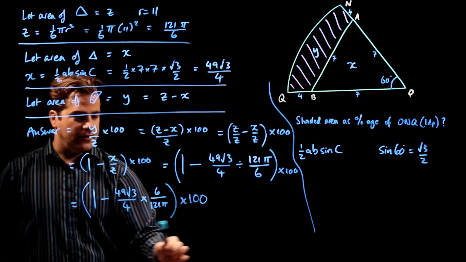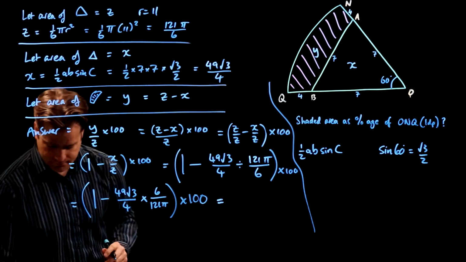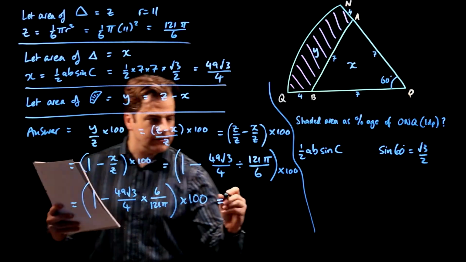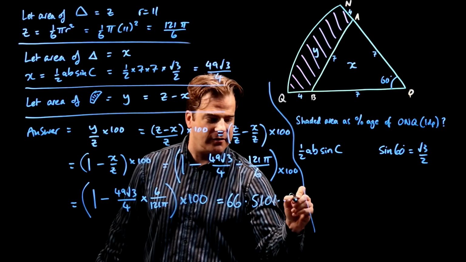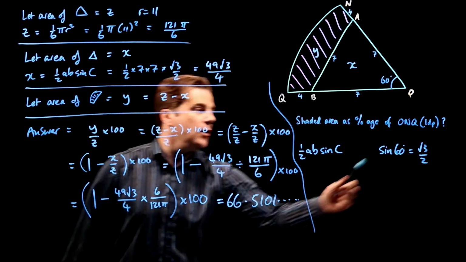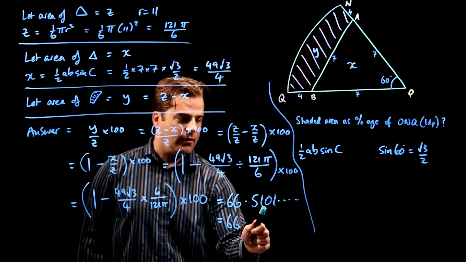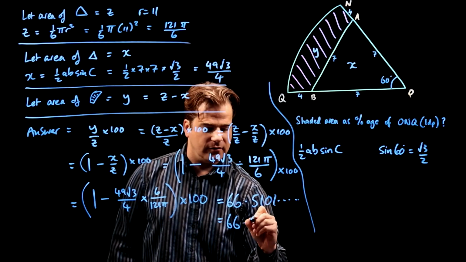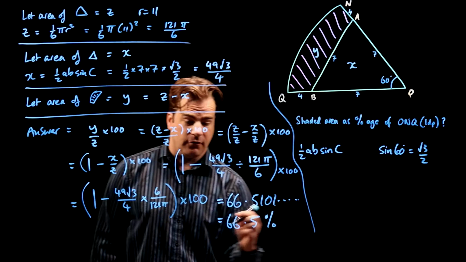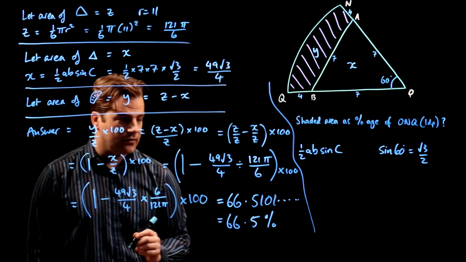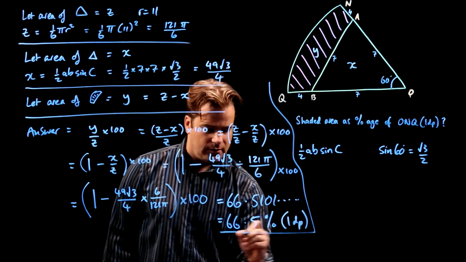So put that in your calculator and you get 66.5101 something something something, and we have to give this to 1 dp, so that's equal to 66 point, that 1 leaves that 5 alone, so 66.5%. We've already turned it into a percentage. We've multiplied by 100, to 1 dp. Okay, and that's it.